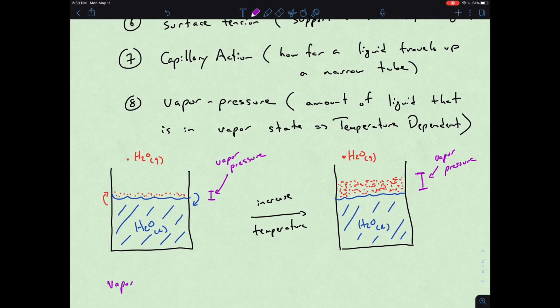So vapor pressure increases with increasing temperature.